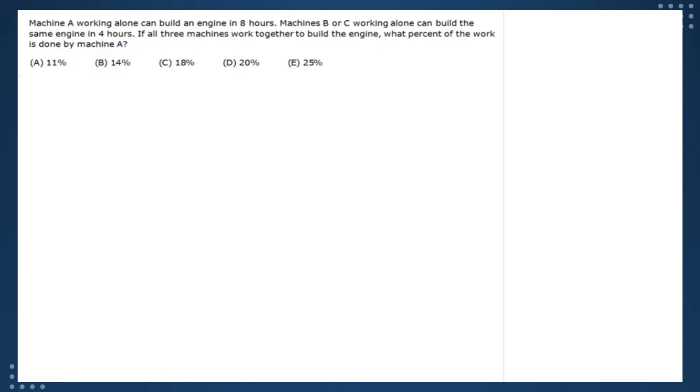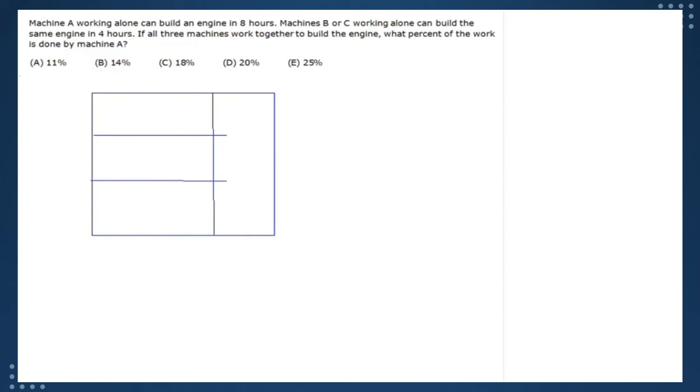So here we have our three machines all doing something together. So rather than even doing the combined work formula, we are doing rate time work, machine A, machine B, and machine C. Machine A can do the job in 8 hours, so the rate is 1 over 8.